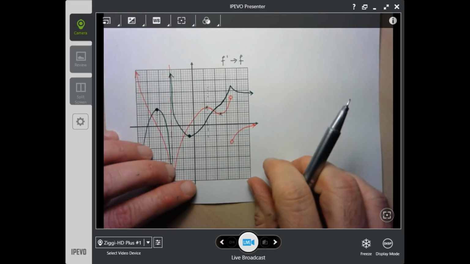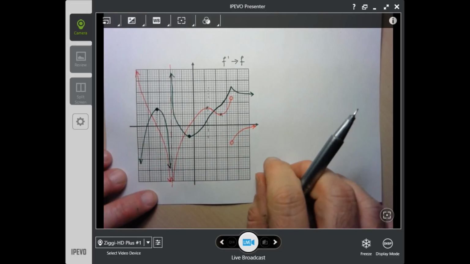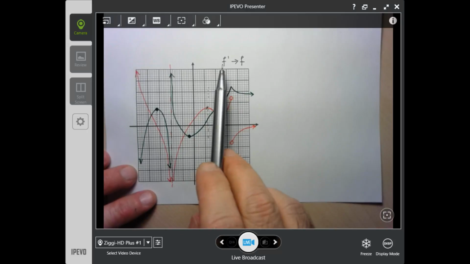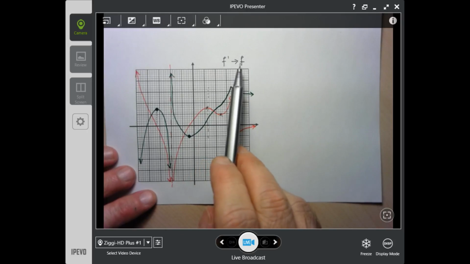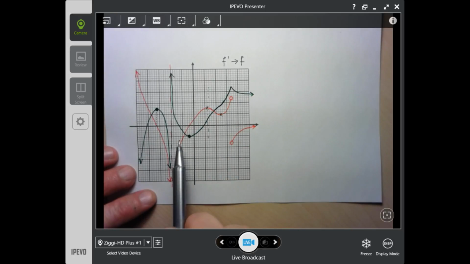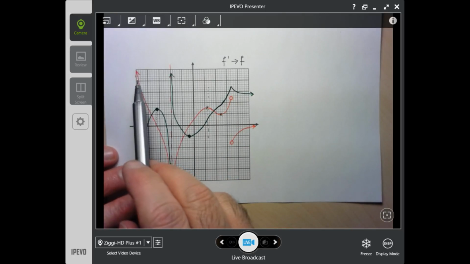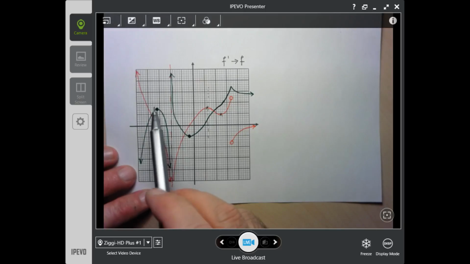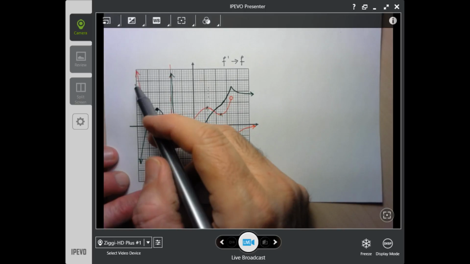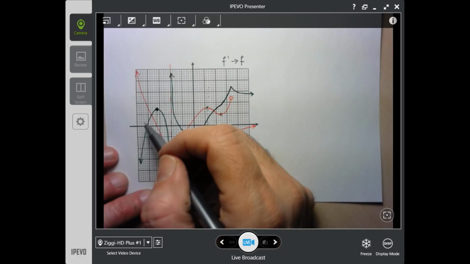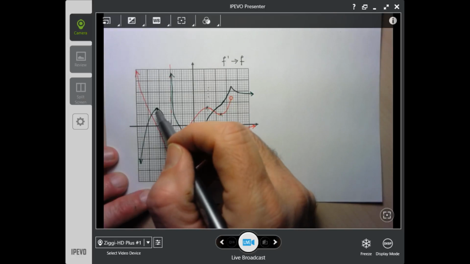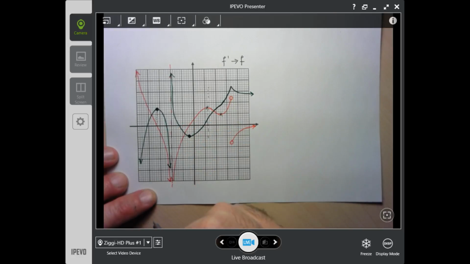Just to recap here, first of all, a reminder that the derivative tells you nothing about the y values of the function. It just tells you about the slopes of the tangents. Here I went from positive, to 0, to negative, getting more and more negative.